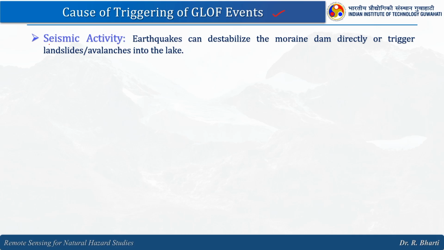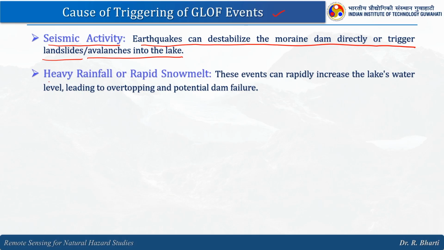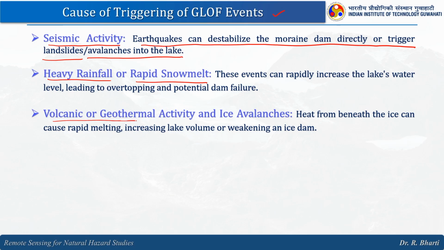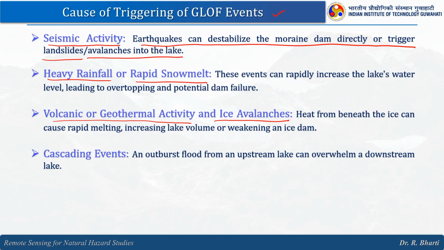Causes of triggering of GLOF events: the seismic activities, which is very important. Earthquake can destabilize the moraine dam directly or trigger landslide or avalanche in the area. Heavy rainfall or rapid snow melt will also trigger it. Volcanic or geothermal activity and ice avalanches will also increase the vulnerability of the glacial lake.